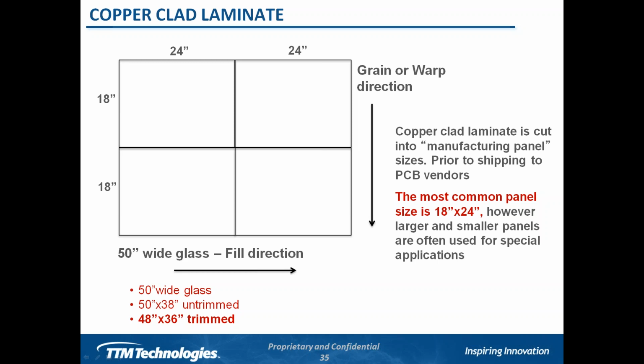So a 48 by 36-inch master sheet can get cut down into 4 sheets of 18 by 24 fairly easily. And then, of course, like we said, there's always a grain or a warp direction, and there's always a fill direction that we have to be aware of.